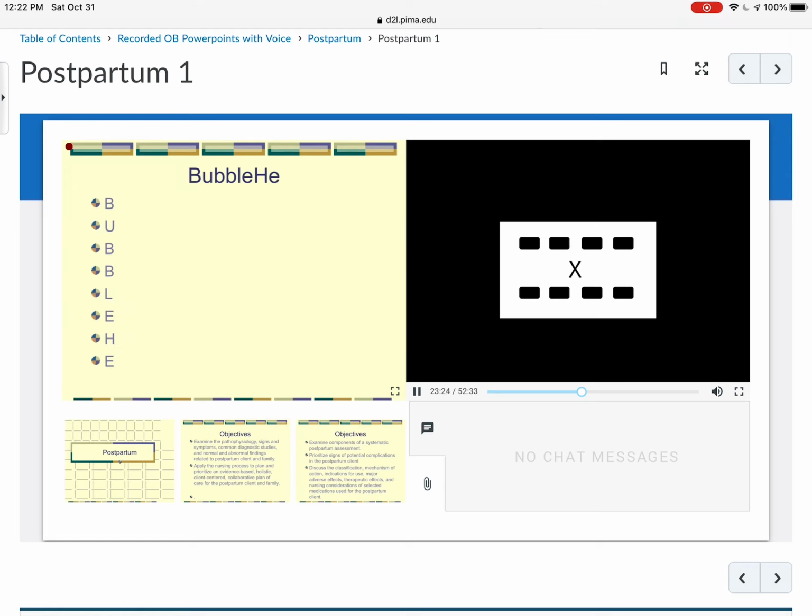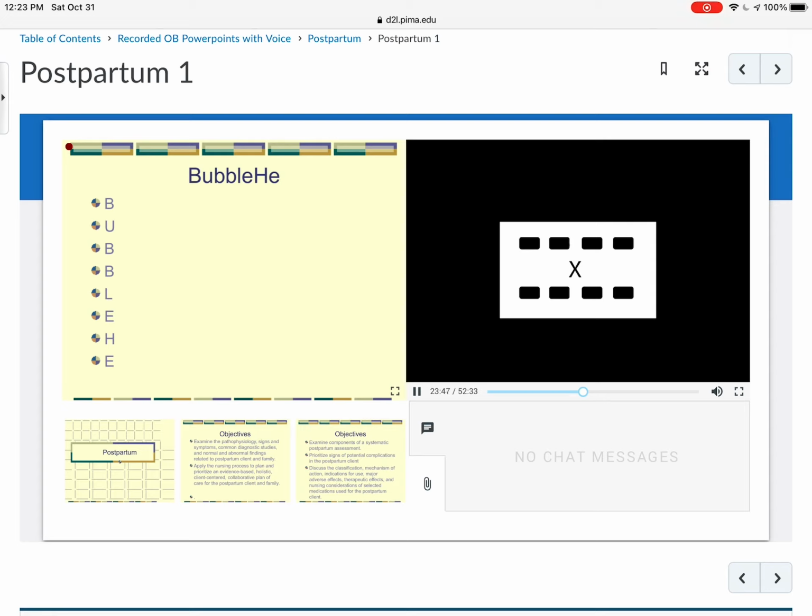Whenever we do a postpartum assessment, it's very unique. It's different than the head-to-toe assessment of a medical surgical patient or neurological patient. Sometimes it's easy to think of acronyms to help us with our assessment. So a lot of times when we do our postpartum assessment, we can think of the acronym BUBBLE-HE.